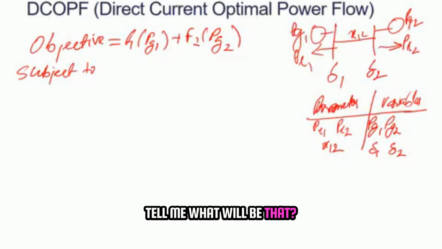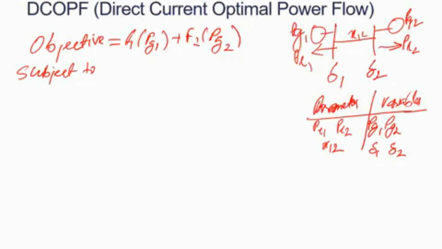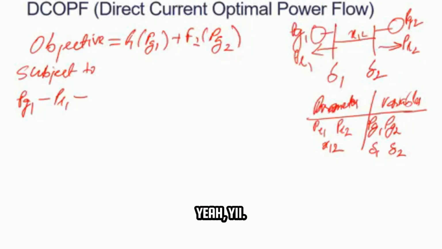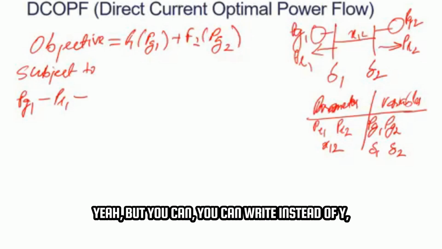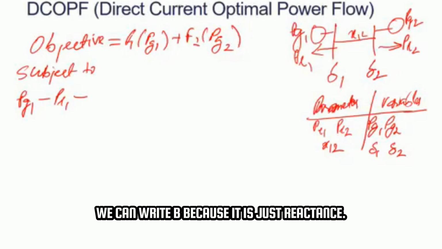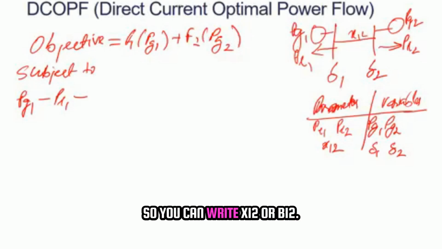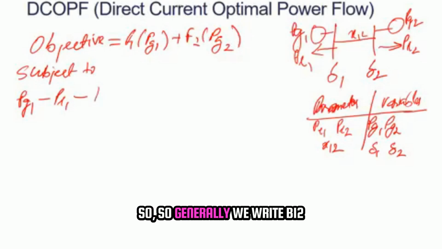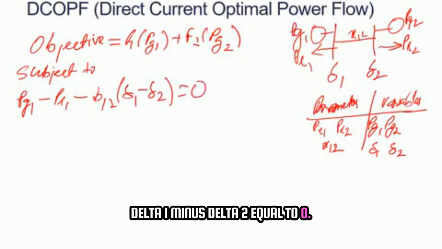Pg1 minus P load 1 minus V1. No, V1 is not there again. Y11. Instead of Y we can write B because it is just reactance. So you can write X12 or B12. Generally we write B12 times delta 1 minus delta 2 equal to 0.